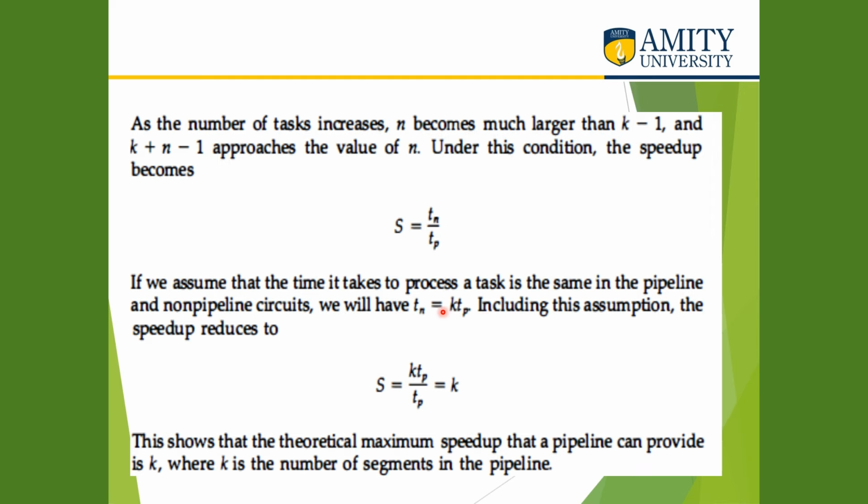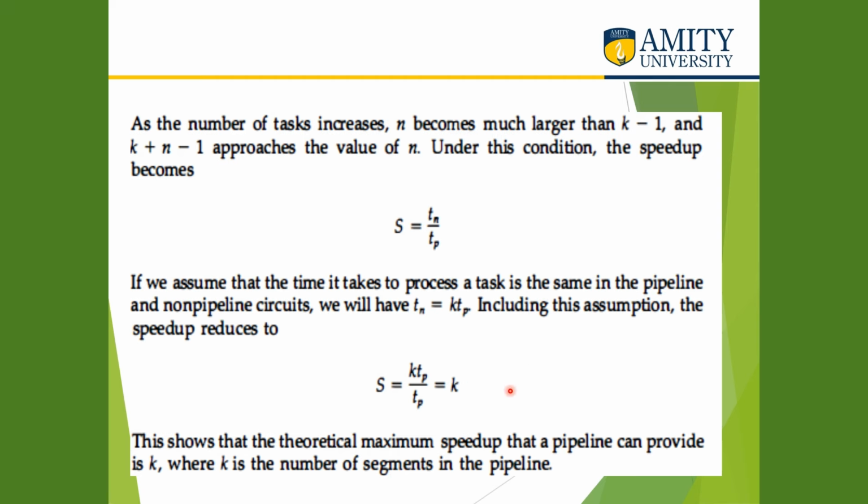This means that S, the speedup, reduces to S equals k tp upon tp. Because we take the times for both to be similar, we cancel them out and it becomes k. So this shows that the theoretical maximum speedup that a pipeline can provide to a system is k, where k is the number of segments in the pipeline.